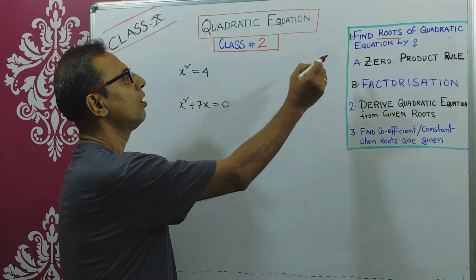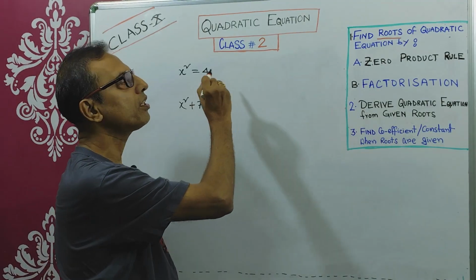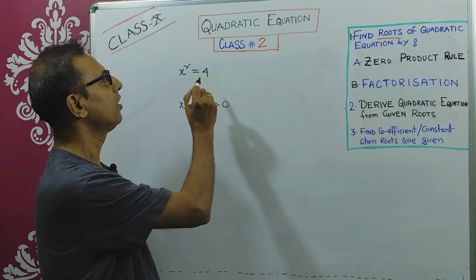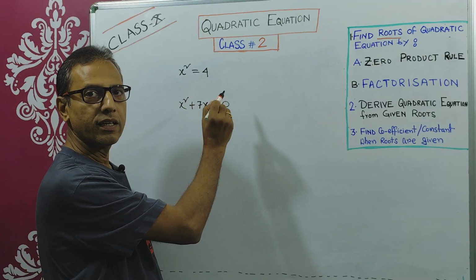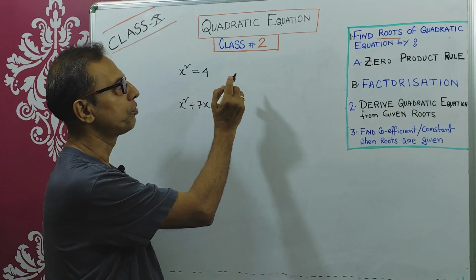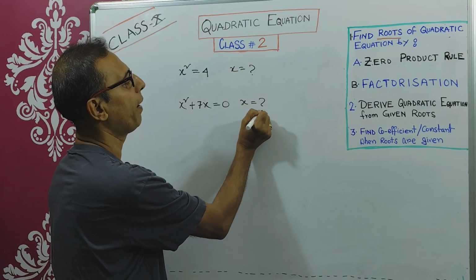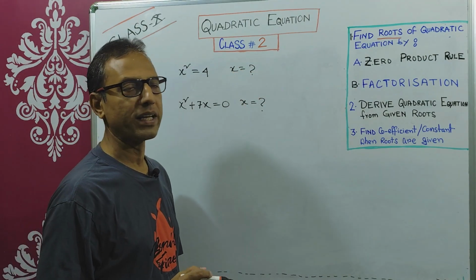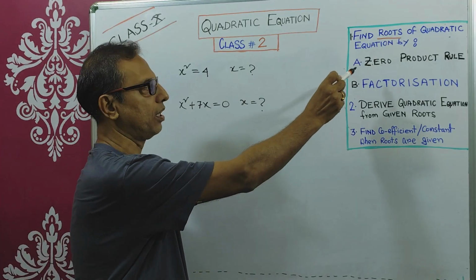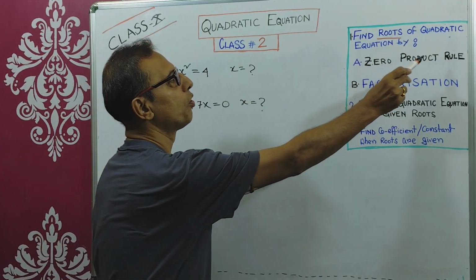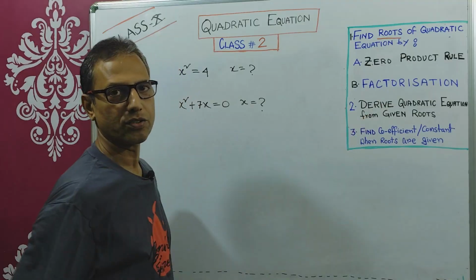Now, if a quadratic equation is given, you can derive the roots, the values of the variable, in three different ways, but we will cover two ways in this class. One is the zero product rule, one is factorization.